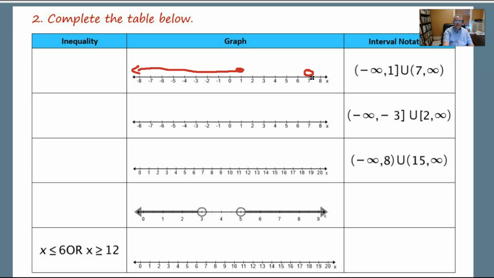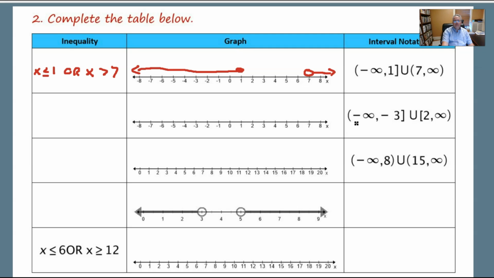This is curved parentheses, and goes to infinity. If I'm going to write this as an inequality, the first piece would be x is less than or equal to 1, or I can also have values that belong to the second piece. x is greater than 7. It's just getting all the details straight.